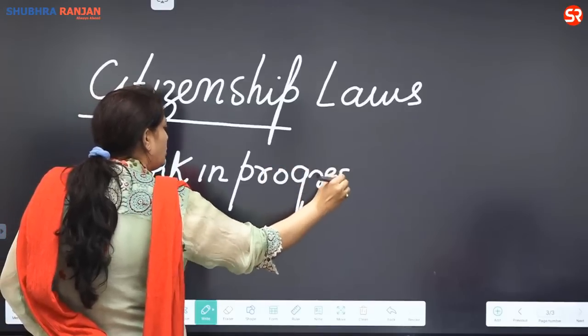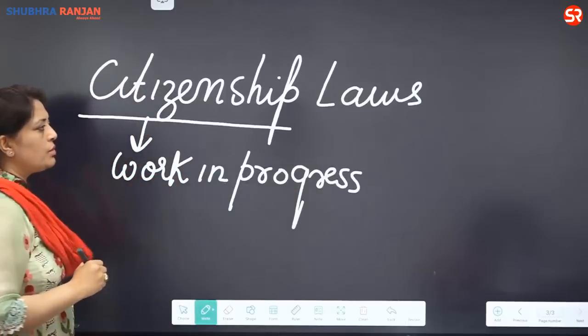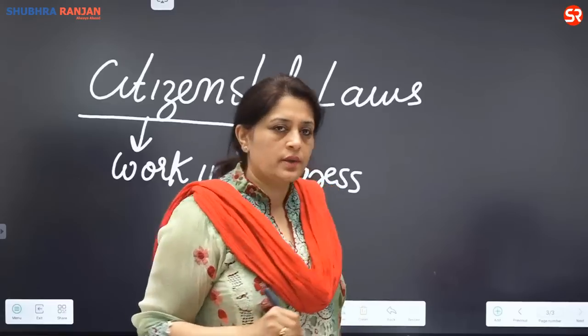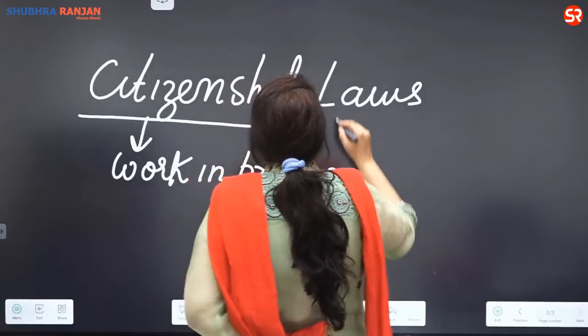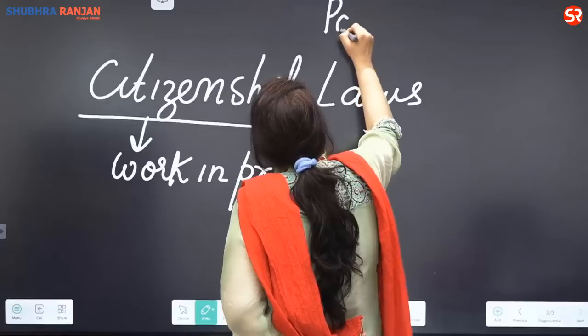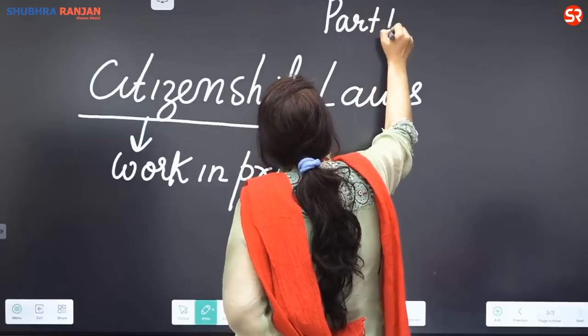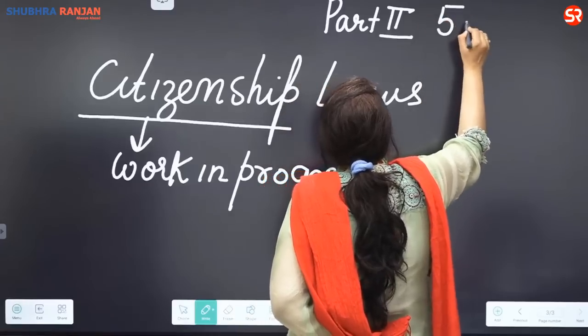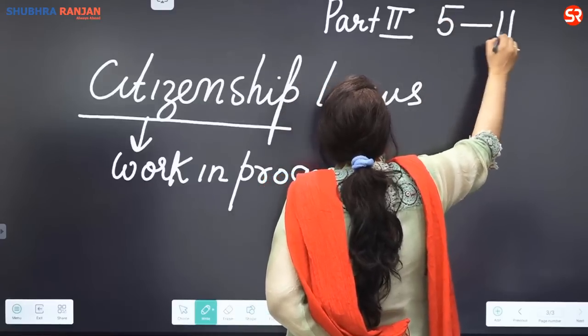And this is how our Constitution also looks at the citizenship laws. Citizenship laws are given in Part 2 of the Indian Constitution, from Article 5 to Article 11.